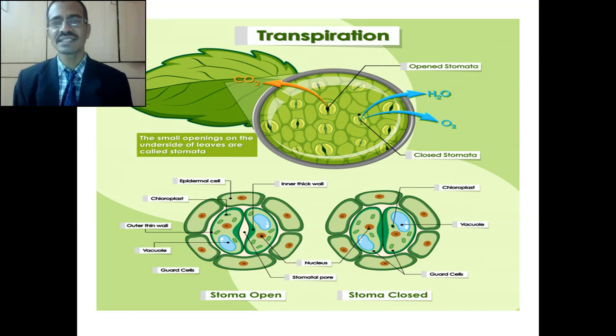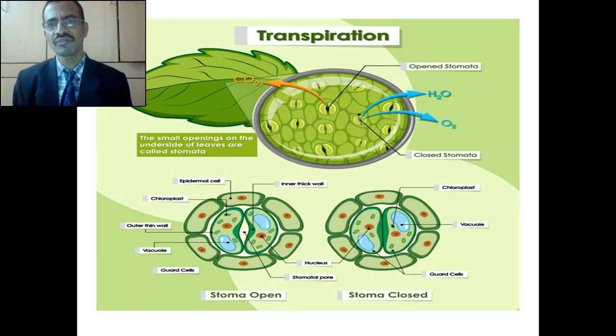So this carbon dioxide is taken into the leaves through the stomata for photosynthesis, and the oxygen which is evolved through photosynthesis is released through the stomata. So this is also called exchange of gases.